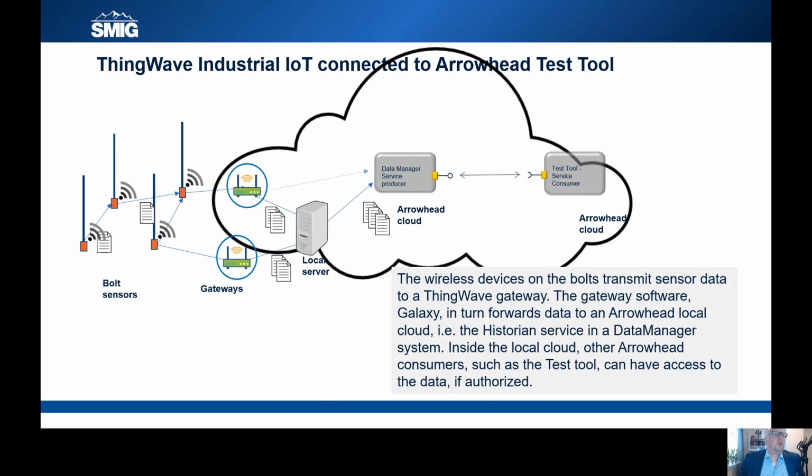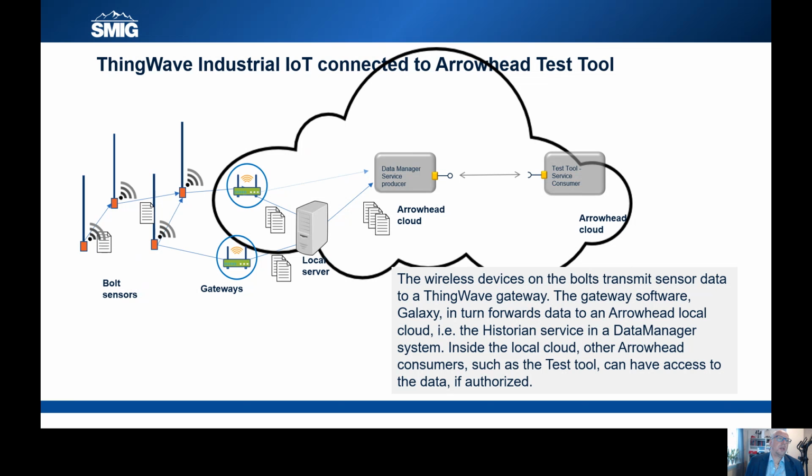This is actually a picture of what we achieved and what we demonstrated at the PIA Summit. We have the sensor bolt on the left that collects data. We have the gateway and the local server that send the data to the data manager.